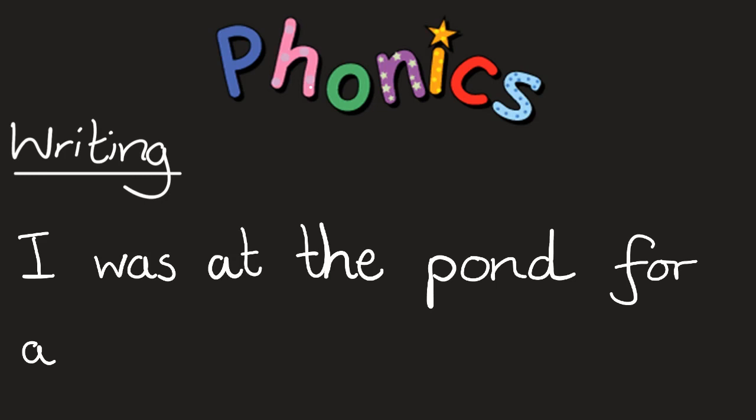Now, swim. Well, we've done that one. We just did that on the last page. Swim. S, w, I, m. I was at the pond for a swim. There we go. Oh, hang on. Full stop. That's what we need, isn't it? At the end of that sentence. There we go. I was at the pond for a swim.